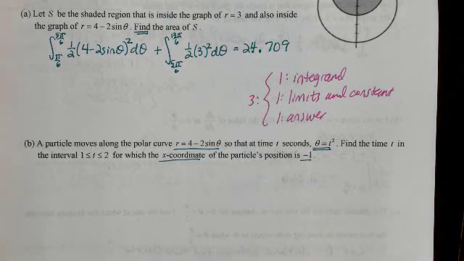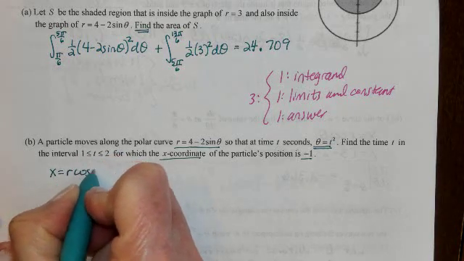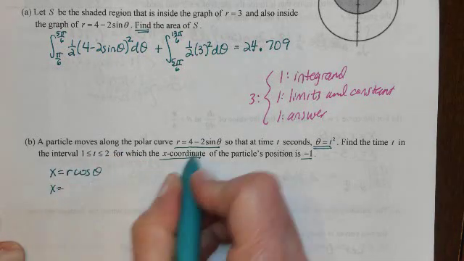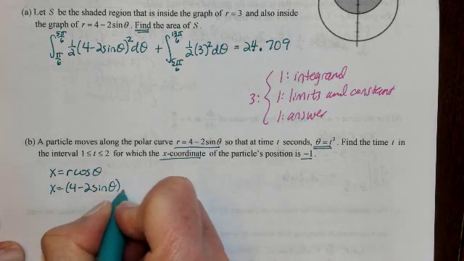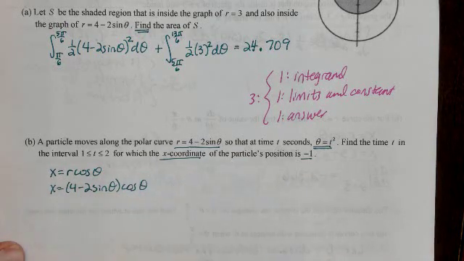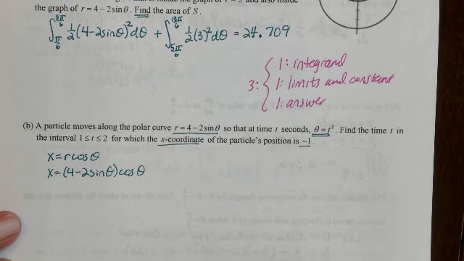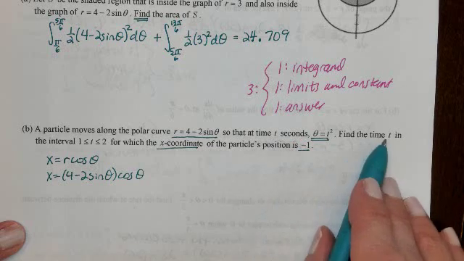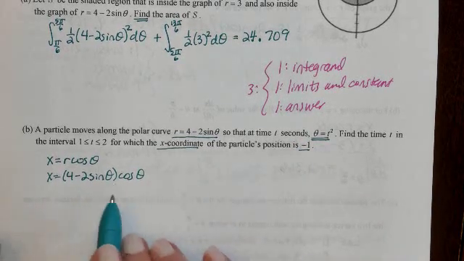Well, I know what to do for that. I know that x is equal to r cosine theta, right? So our r is 4 minus 2 sine theta. So x will be that expression, right? And now they told me that we're looking for t, so I need to get t involved. I want to get rid of the theta and get t involved.